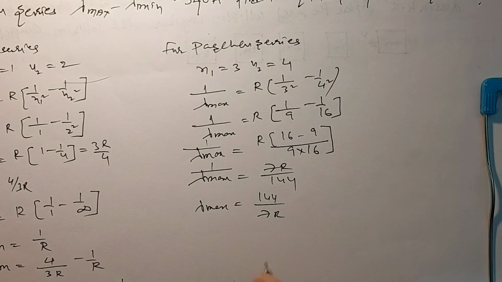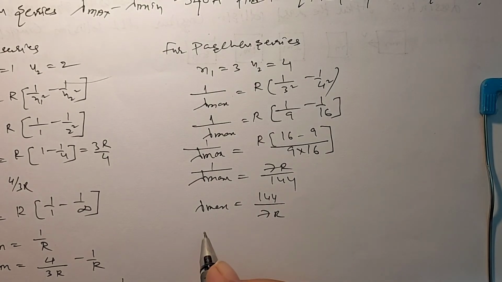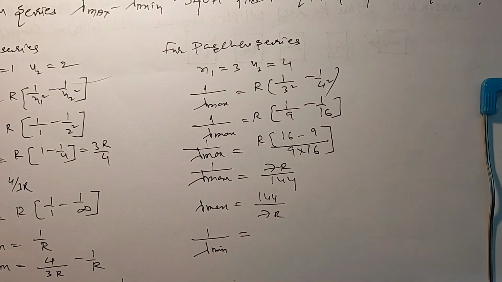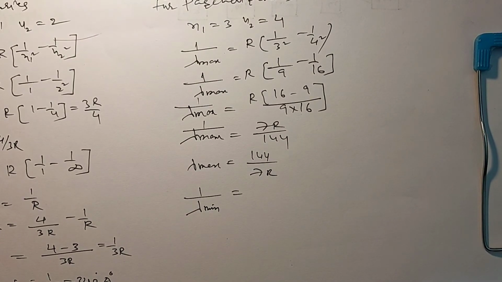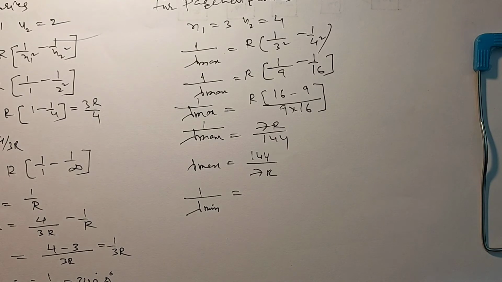Now we are going to calculate 1 by lambda minimum. The minimum wavelength forms when the electron loses maximum energy, when the electron transition takes place from infinity.